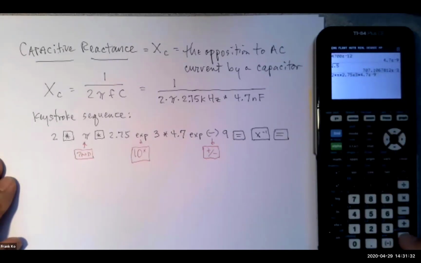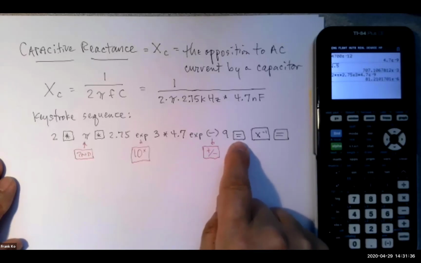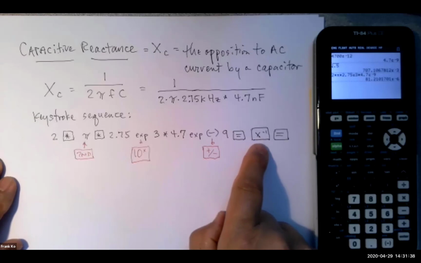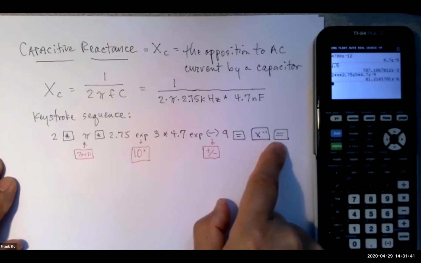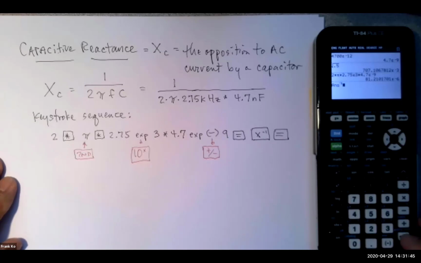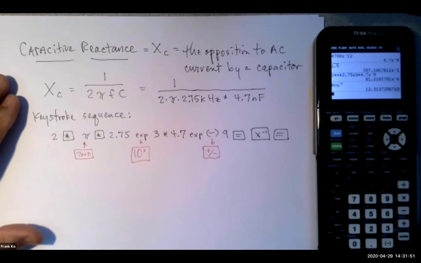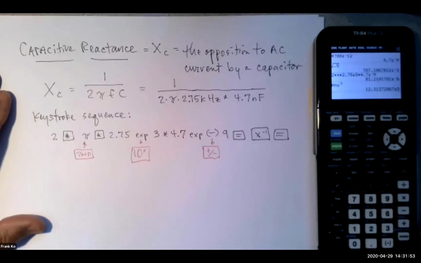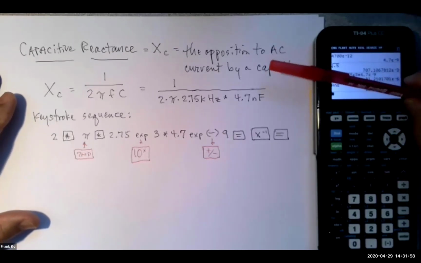I'm going to hit equals. After the first time I hit equals, what do I have to do? I have to hit reciprocal one more time, and I have to hit equals one more time. So here's my reciprocal key, and here's my equals. What is it that you calculate? Show me what you calculate on your calculators following this keystroke sequence.